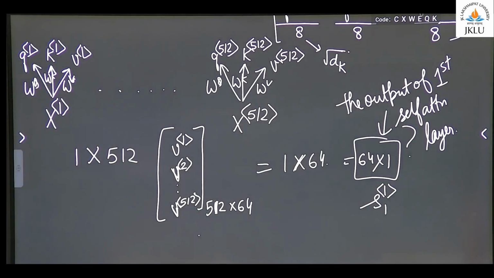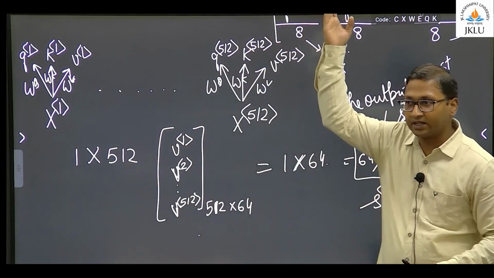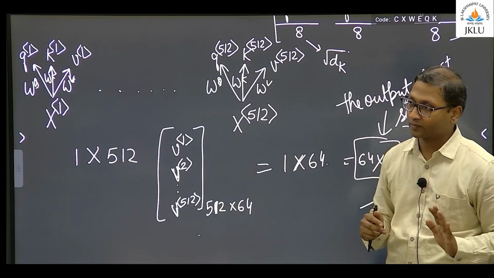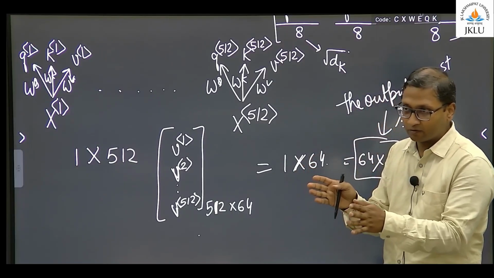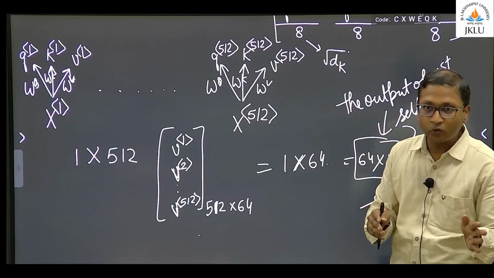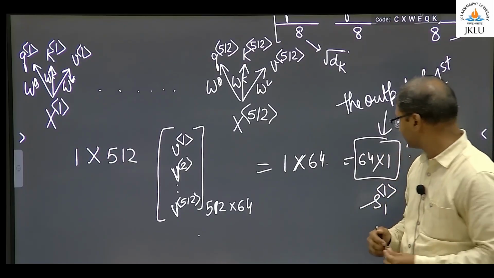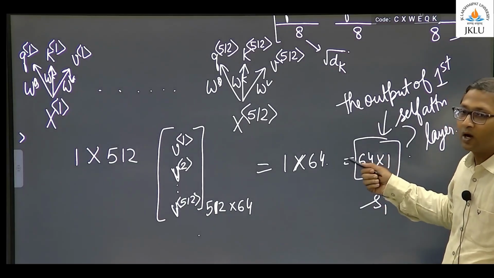Because the structure says that in this direction dimensions of inputs and outputs don't change. So if input to self attention layer was X, which was 512 dimensional, output should also be 512 dimensional. How can I make this 64 into 512?